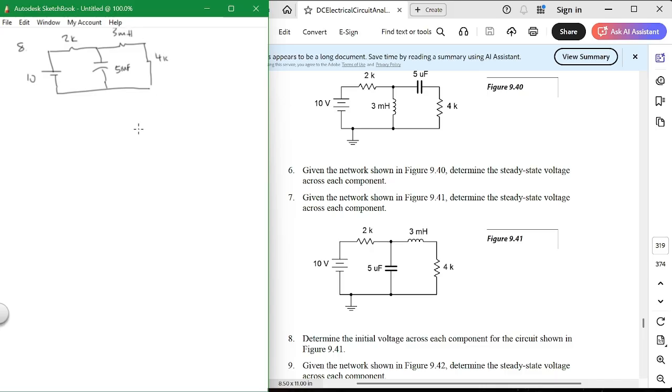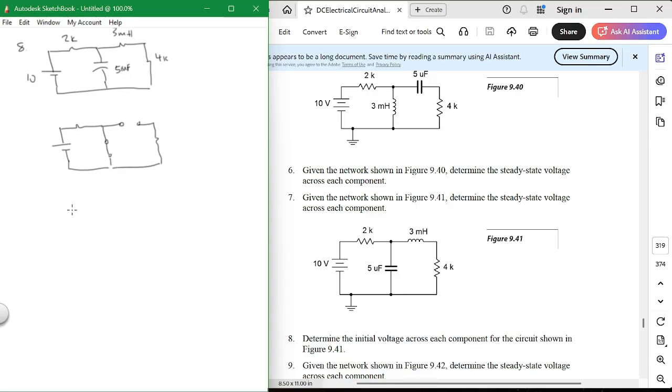All right, so number 8, initial conditions. A capacitor acts like what? Short, right? And the inductor acts like an open.